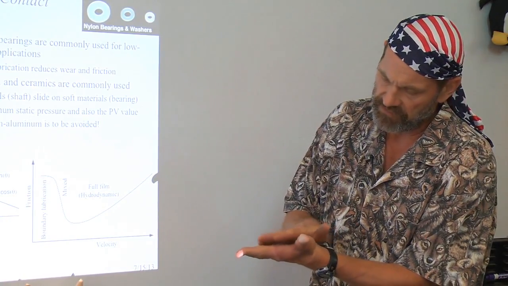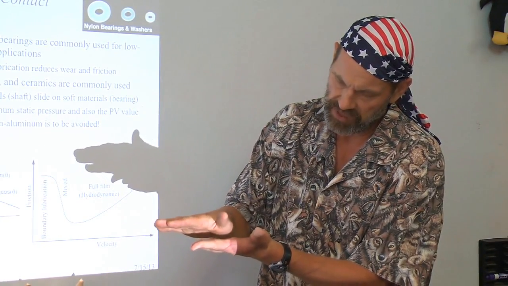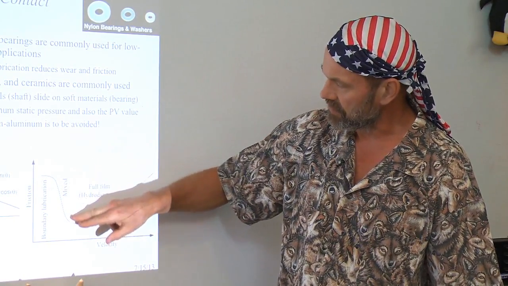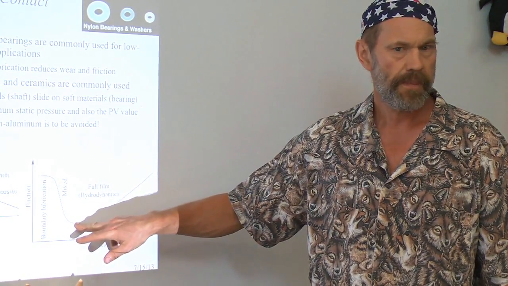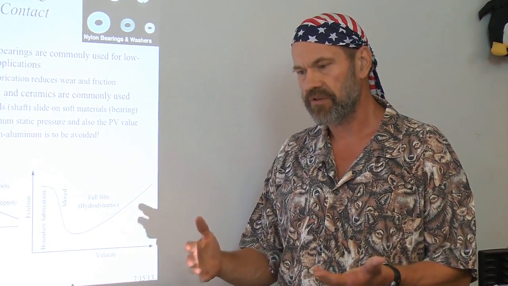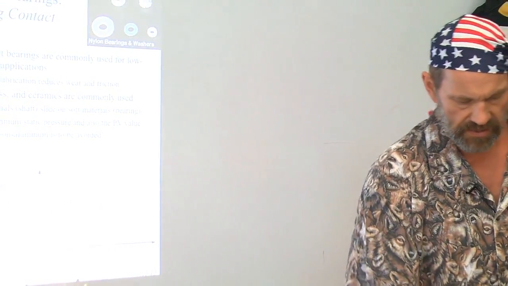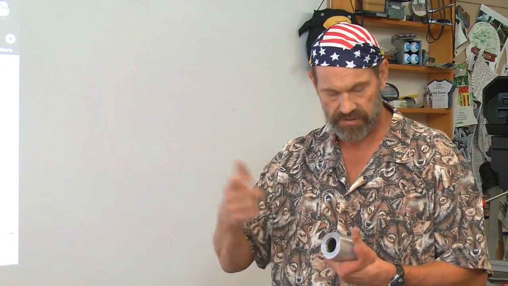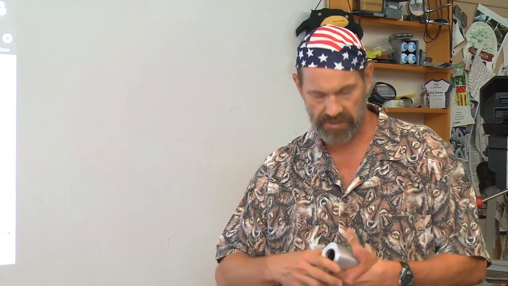Once you get moving fast enough, you start building up a hydrodynamic layer, and you no longer have mechanical contact, and you'll see a sudden drop in friction. So on a shaft turning like this in the bore, that surface velocity may be a few meters per second when it starts picking up and you start running hydrodynamically.